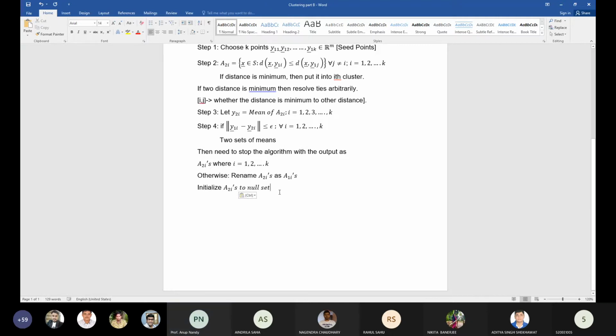Then rename Y2S and Y1S, and go to step number 2.